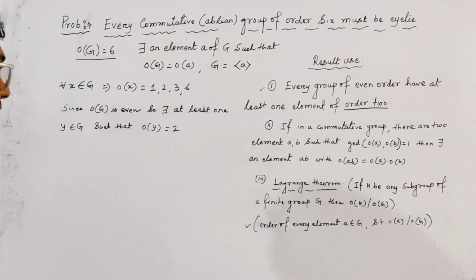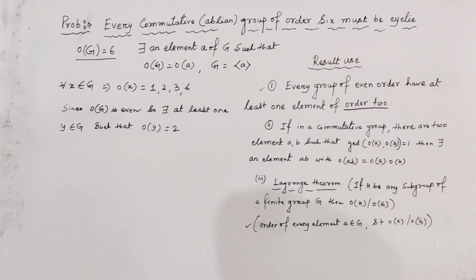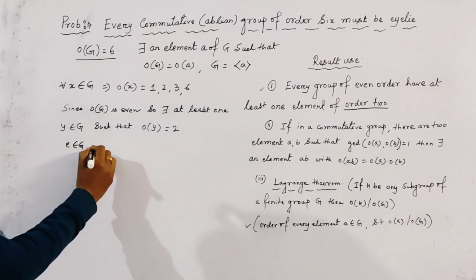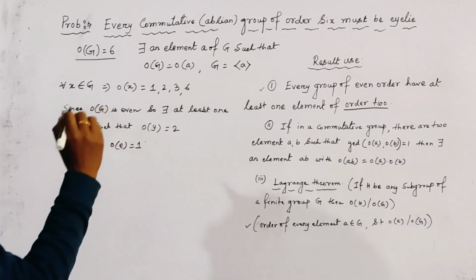Also we know that in a group there must exist an identity element, so an element E belonging to G such that the order of E is equal to 1.